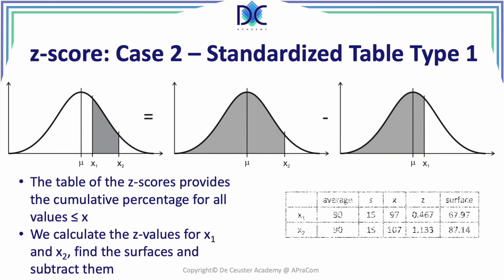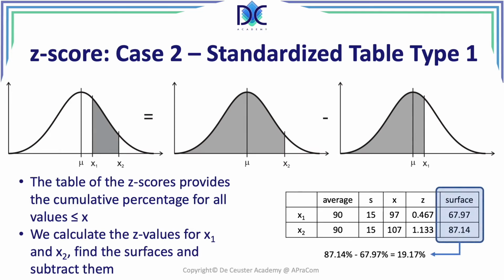Calculations done, we can put them in the table. So we find for x1 that the surface is 67.97%, for x2 it's 87.14, and we can now calculate the difference. So we take 87.14 minus 67.97, and we find that the surface between x1 and x2 is 19.17%.